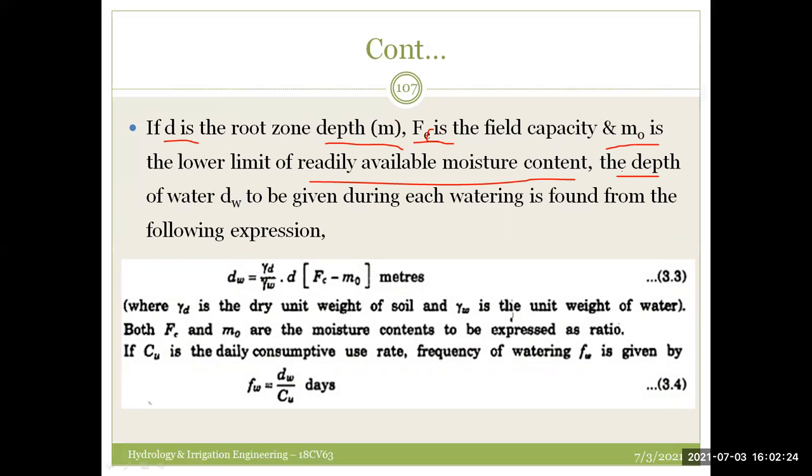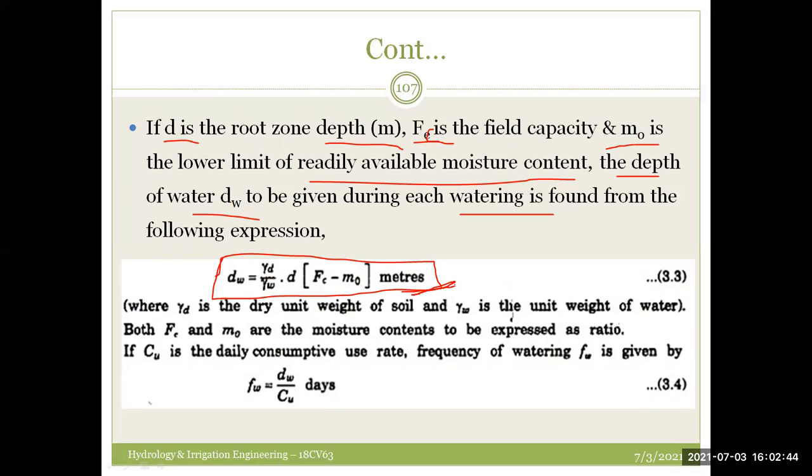The depth of water, that is dW, to be given during each watering. So how much depth of water you need to supply during the irrigation is given by the expression dW is equal to gamma D divided by gamma W into D into (FC minus m0).